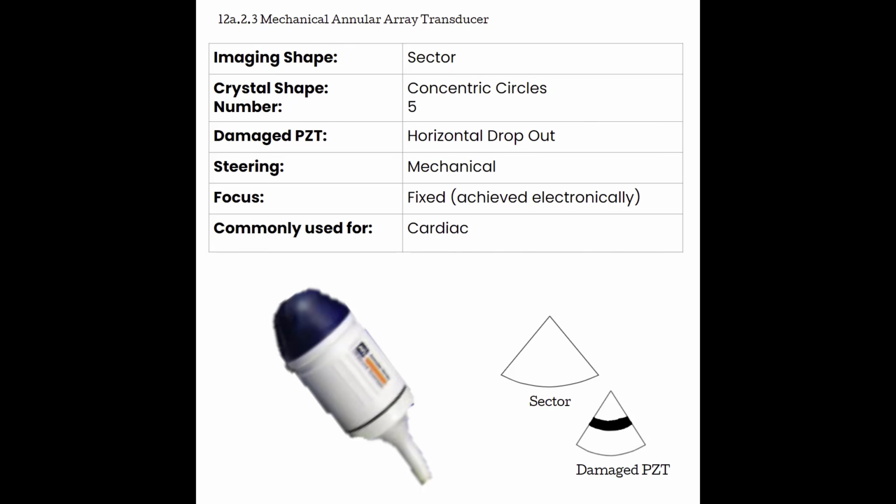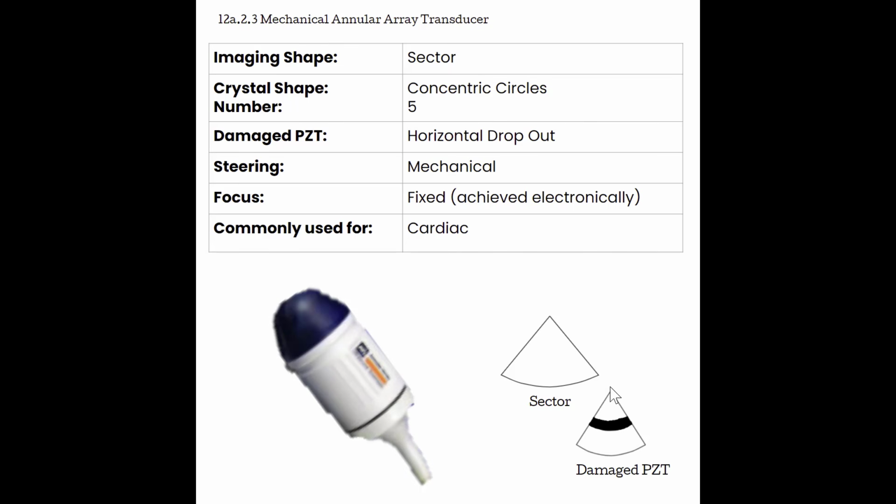Now, the way that the annular array transducer creates the image is that each of those circles is responsible for part of the image. The most center circle is responsible for the near field, where the most outer circle is responsible for the far field. So if one of those circles were to become damaged, what we would see is horizontal dropout. And that is because of how the machine uses those crystals to create the image.